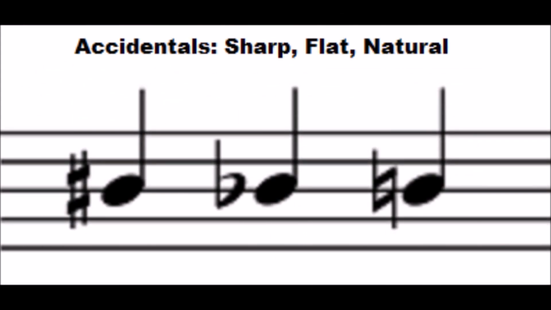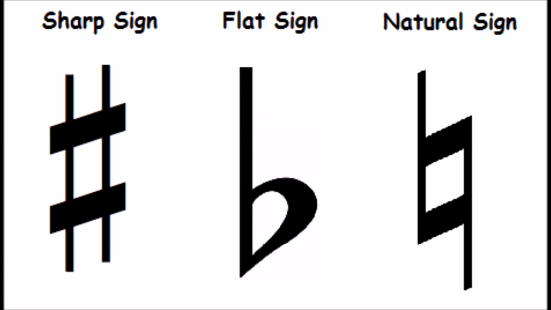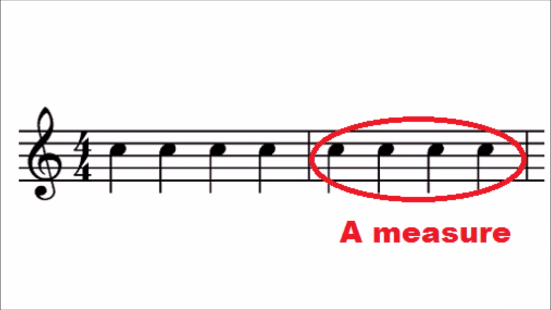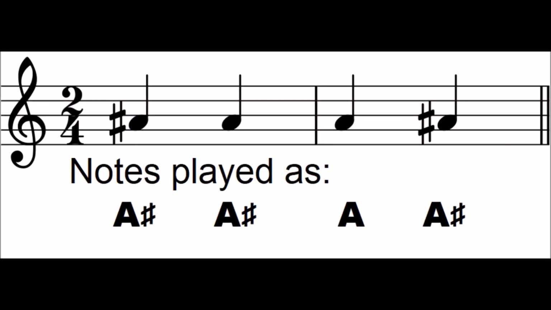Sharps, flats, and naturals are called accidentals. Accidentals last for no longer than one measure. If there is an accidental before a note in a measure, every other note on that line or space in the measure will be affected.